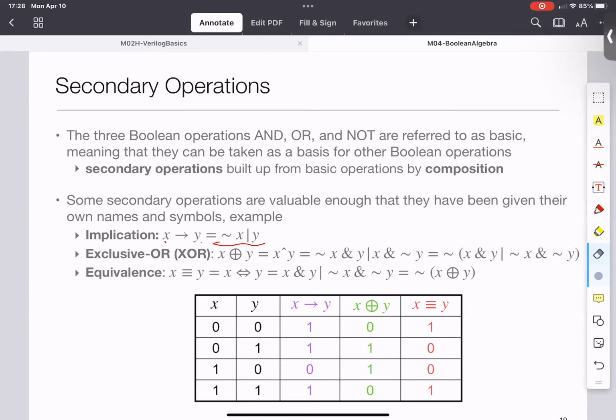I think programming languages and Verilog do have symbols for XOR. Generally, whenever I do autograders, I allow for that, but it just complicates things. It depends on the problem, but at least a symbol for that exists. For equivalence, there is no convenient symbol to use, so unfortunately, generally you can't use it.